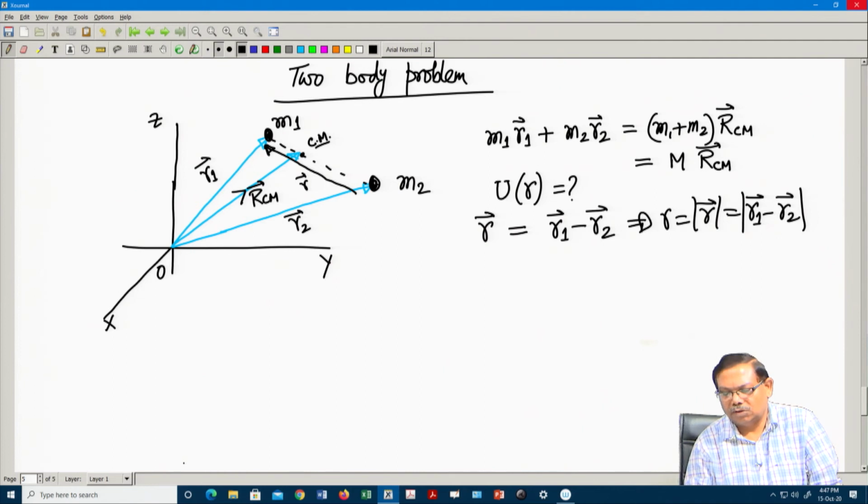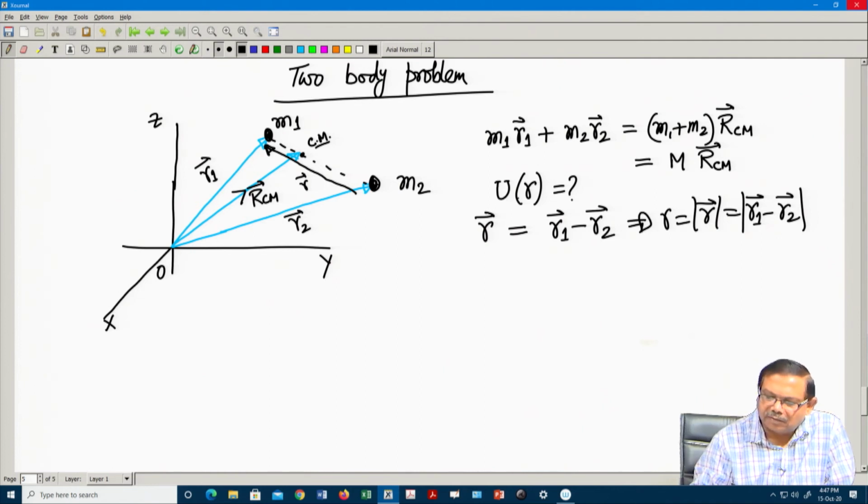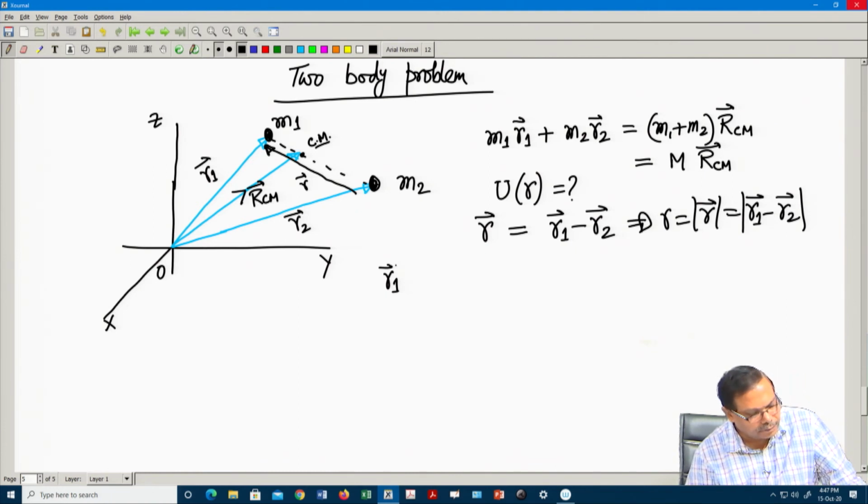So, that is my vector R, and potential energy is given in terms of that. So, now we can define from the center of mass the position vector to the first mass, that we will say r1 prime.